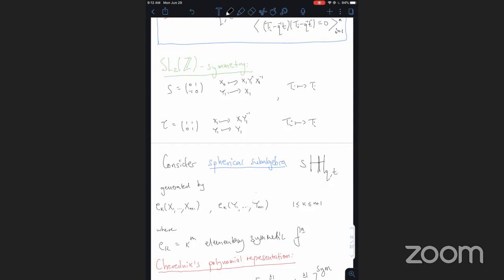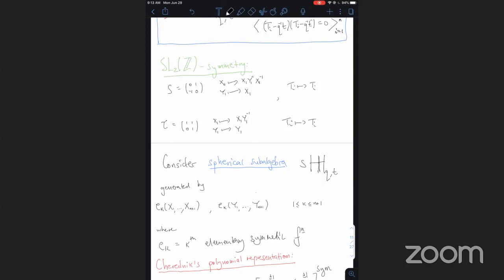All right, so remember that the x sub i's form a commutative family, as do the y sub i's, so it makes perfect sense to speak of the kth elementary symmetric function in the x's, as it does to speak of the kth elementary symmetric function in the y's. And if we take all of these elementary symmetric functions from the x's and y's, e sub k, where k ranges from 1 up to the number of points, then these will generate a subalgebra of the double affine Hecke algebra over rational functions in Q and T, and this thing is called the spherical subalgebra.